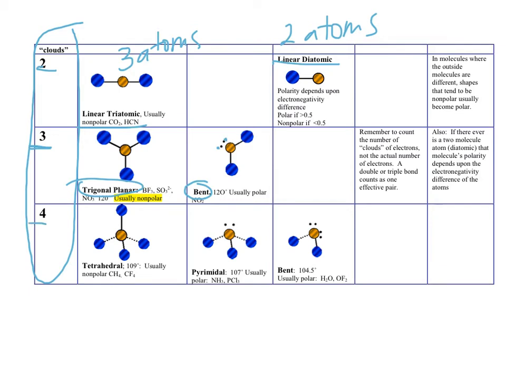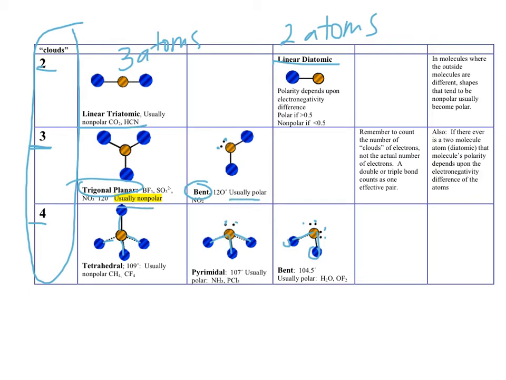If it's got 4, there are 3 options. Tetrahedral means the central atom has 4 different atoms off of it. Pyramidal means it only has 3 atoms connected to it, and the 4th thing is an unshared pair of electrons. And then bent means there's 2 things off of it with 2 unshared pairs of electrons. Now if you notice underneath each one, it tells you how to determine if they're polar.